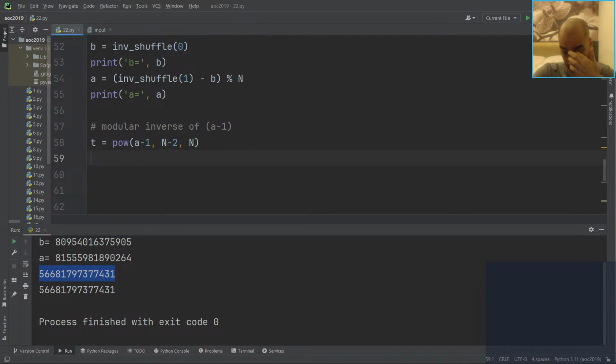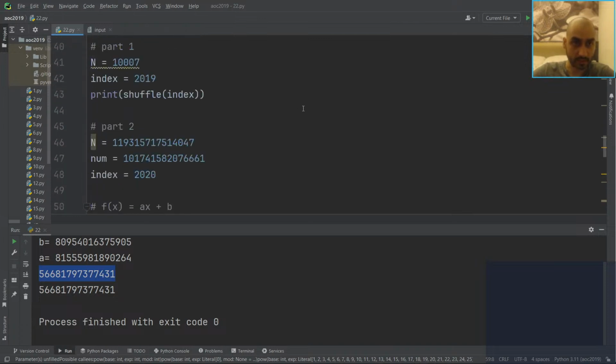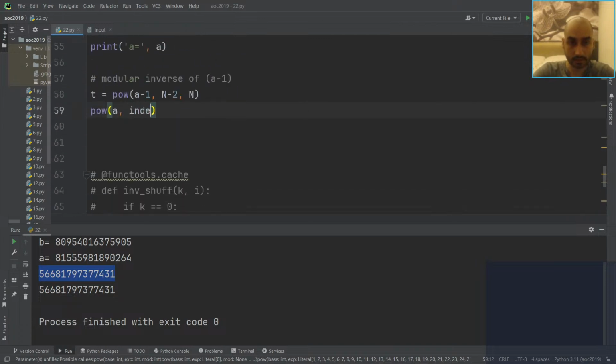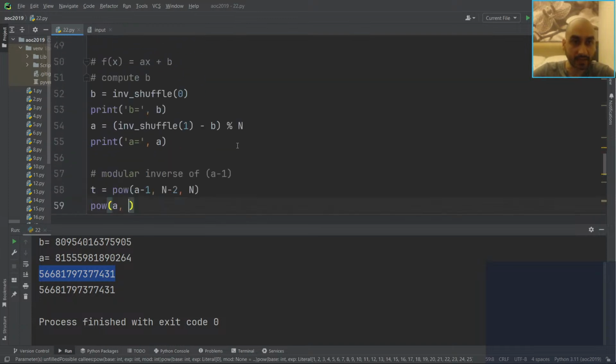Okay. That gets us that. So we want power A to the power of 2020. So index. No, not index. To the power of num, which is that.